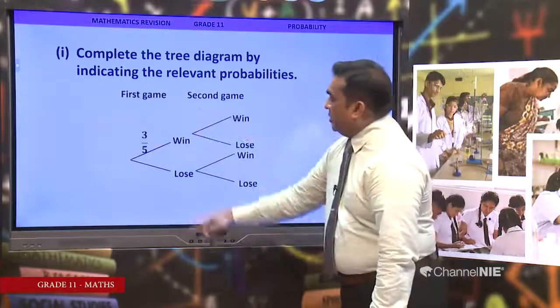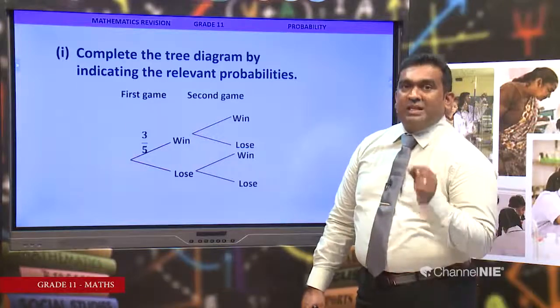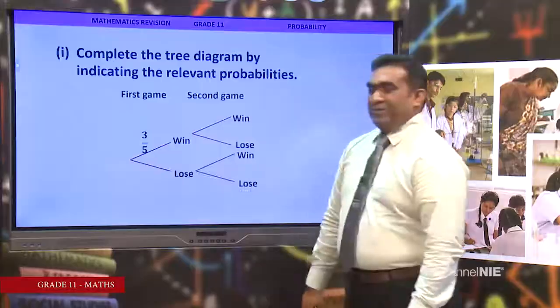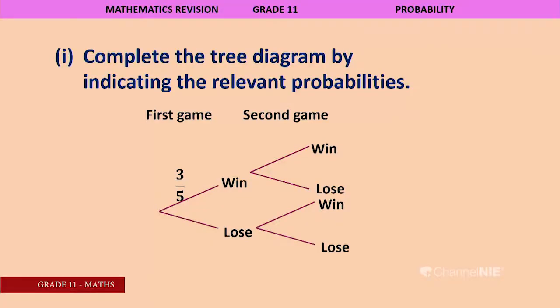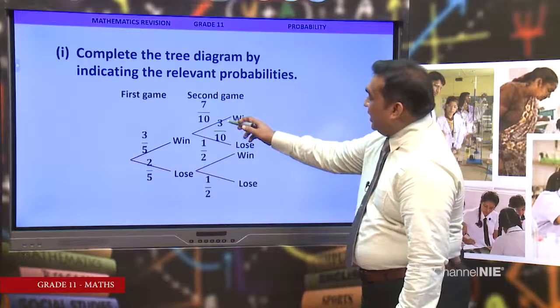First game 3 over 5, winning the game, losing the game. What should be there? 2 over 5, right. Here we will see 3 over 5, losing the game 2 over 5. Here winning 7 over 10, lose 3 over 10.